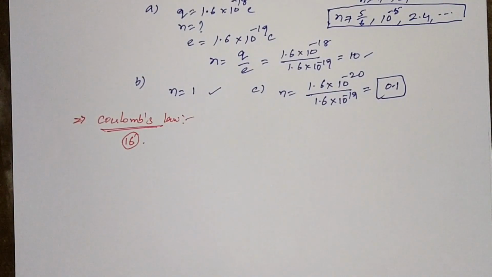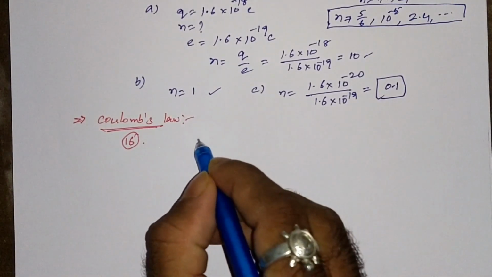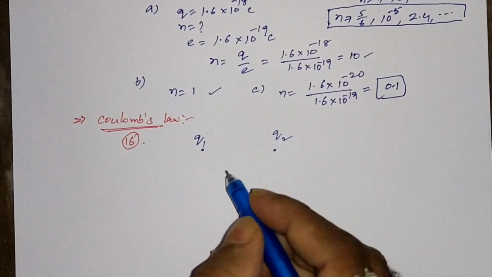I'll read that question once. Two charged objects have a repulsive force of 0.080 newtons. If the charge of one of the objects is doubled, then what is the new force? That is the question. Now there are two charges, right? Let us take a charge Q1 and another charge Q2.